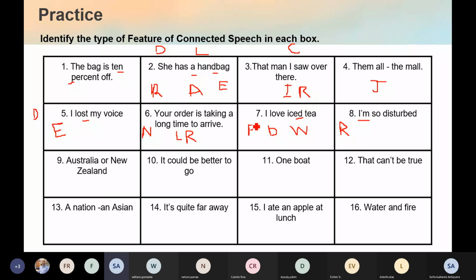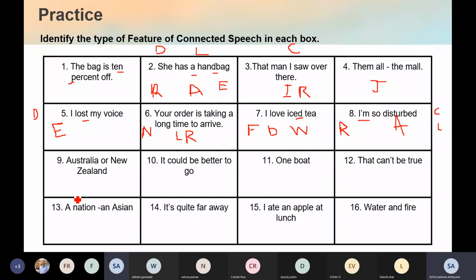Any guesses at the end? I'm so disturbed. Progressive assimilation? Yes. Who said that? It was Elizabeth, right? Yes. It was Camilo and Lisbeth. Yes, we have an assimilation here. Great.